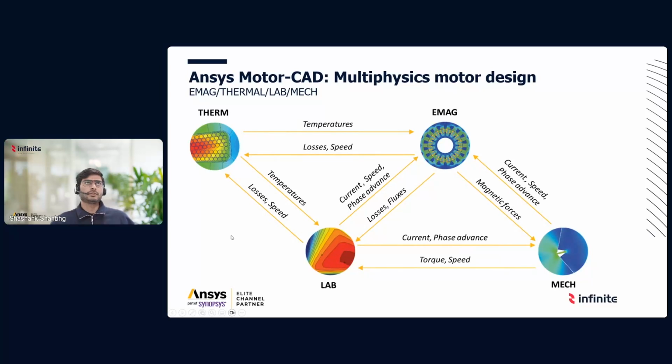So we saw that all of these physics work together really smoothly in Motor-CAD. There is the EMAG module, there is the mechanical lab, and the thermal module. So based on what kind of design choice you want to make, you can move within these modules easily, one by one. It's very easy to go from one to the other. The values are updated automatically, so you do not have to change these values in a different physics as well.